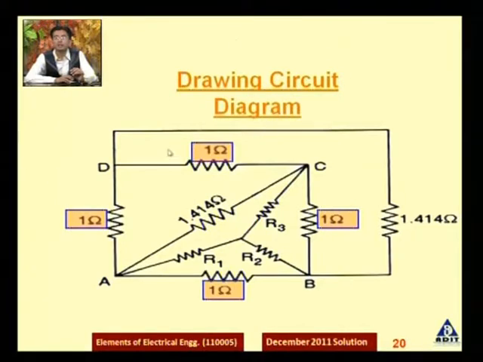Right now only 4 resistors are connected, but it is also mentioned the diagonals, which are AC and BD. The AC diagonal resistance is 1.41 ohm and the BD diagonal is also 1.41 ohm. I can also draw this 1.41 ohm in the circuit itself, but for understanding purposes I am connecting this resistance outside of the circuit.